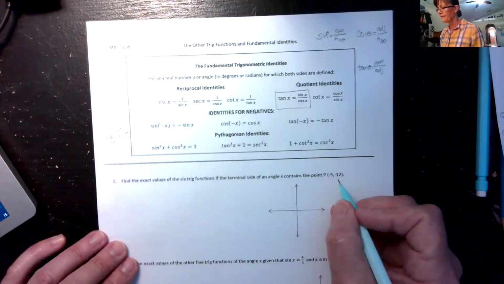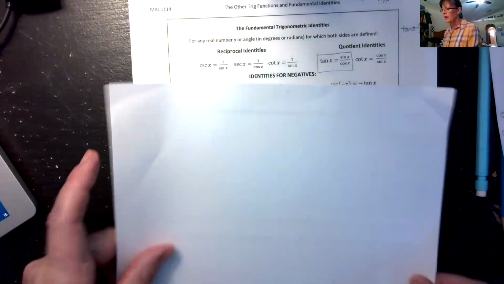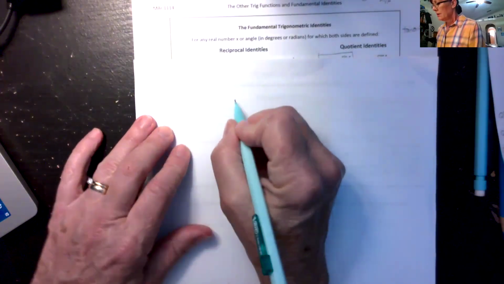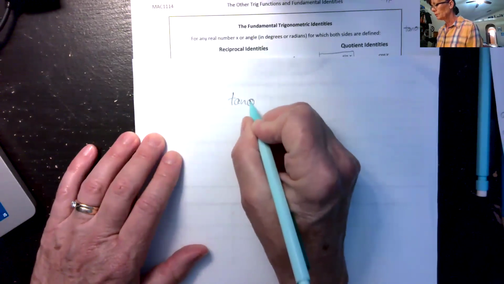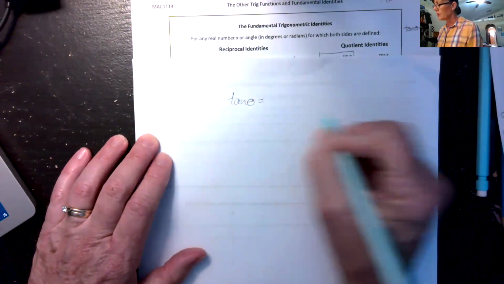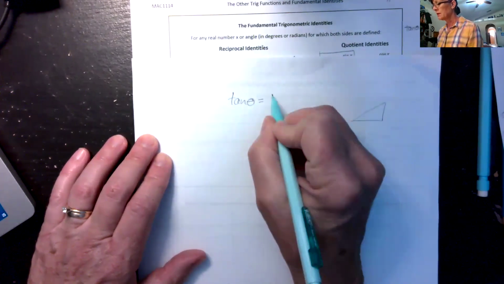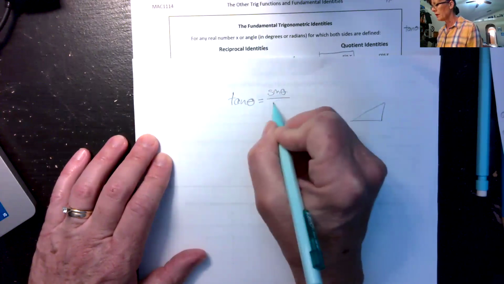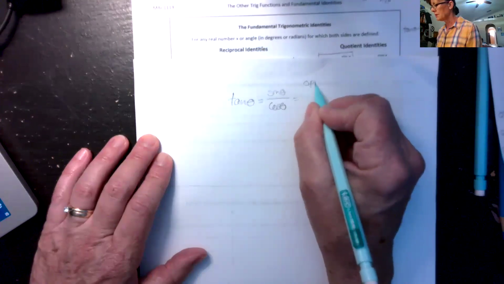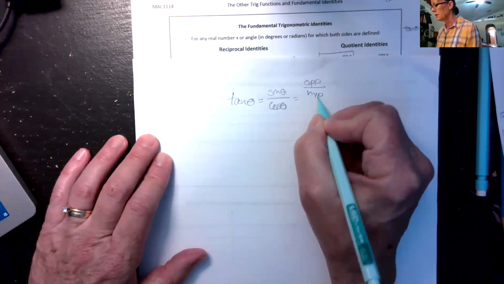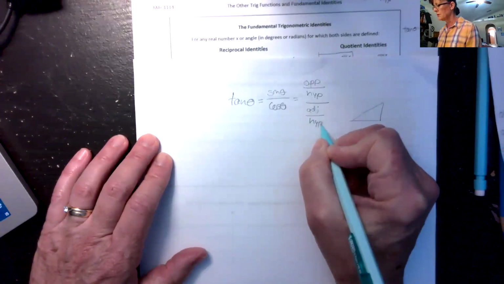If we flesh that out, if we look at a right triangle, we know tangent is opposite over adjacent, but they just said it's the sine over the cosine. And that's true. The sine is opposite over hypotenuse, and the cosine is adjacent over hypotenuse.